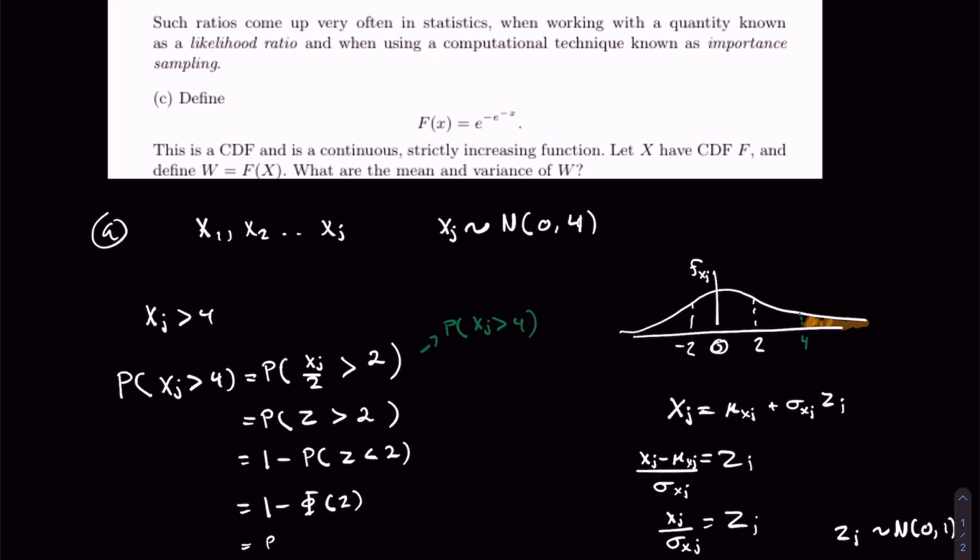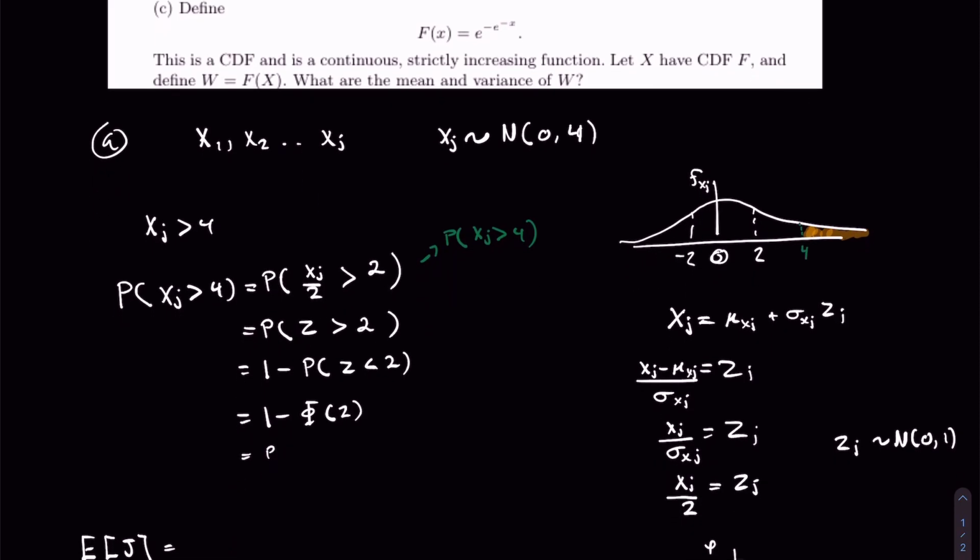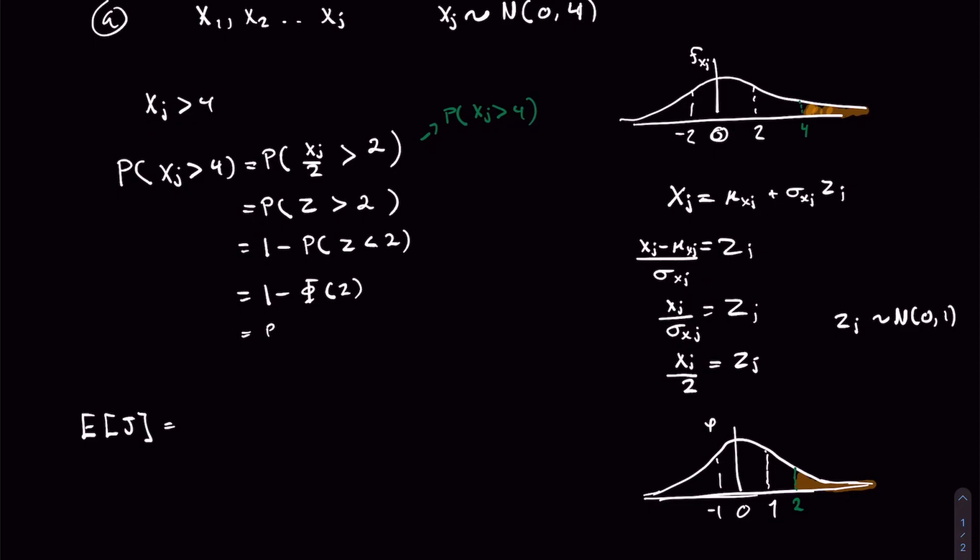Okay, so we'll write that down as the sum over j, starting at 1, looking for the first success, j times the probability of j equaling little j.